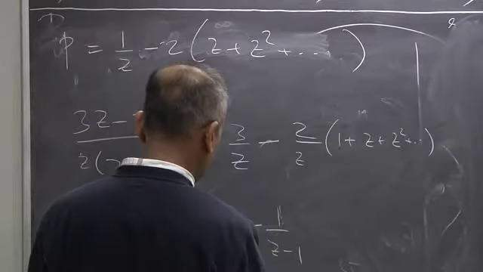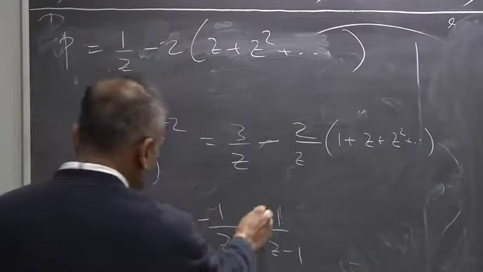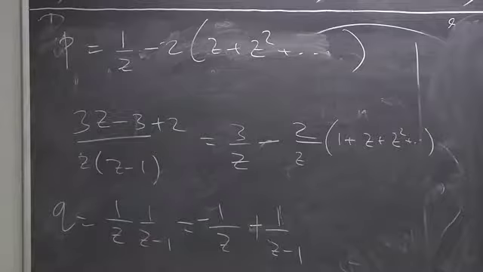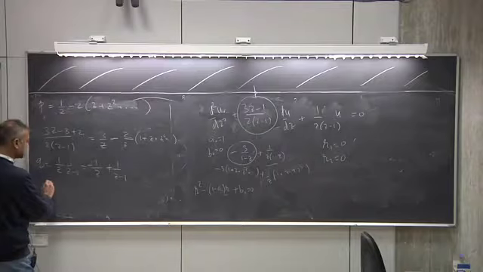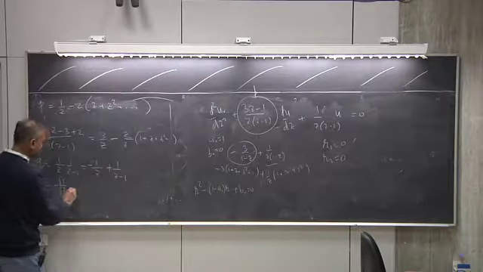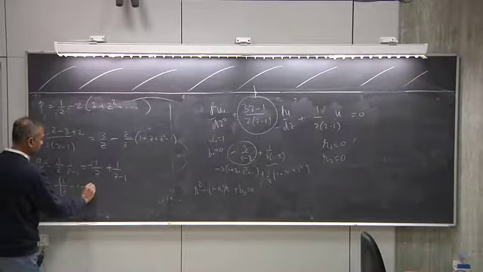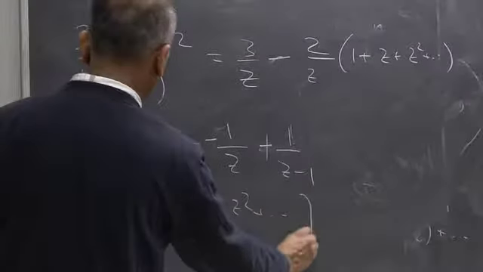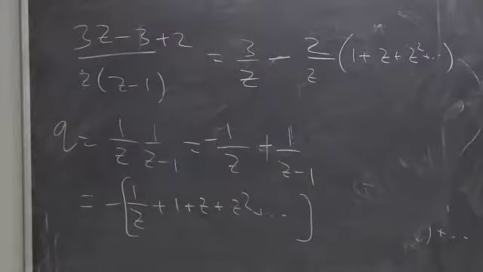Yeah, minus that and plus that. Correct? Which is the same as minus 1 over z. So minus I can take out, and plus 1 plus z squared. So a very simple expansion actually for these functions.